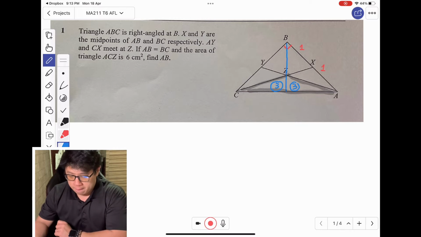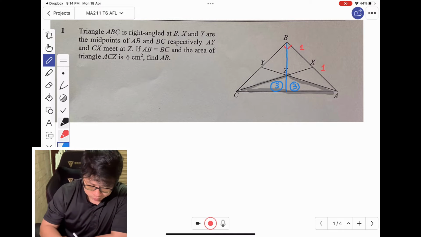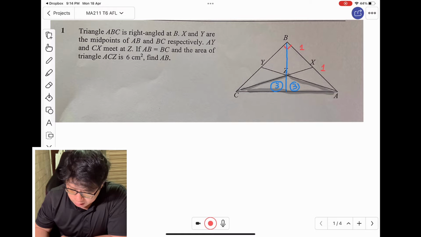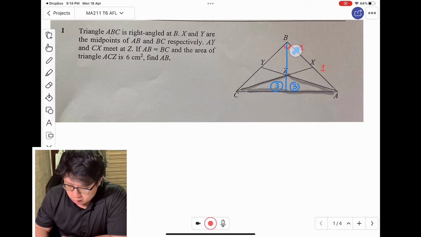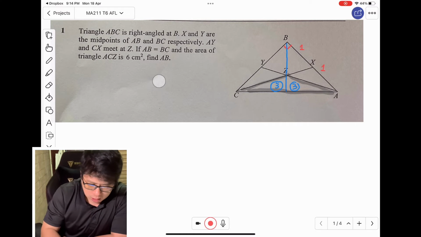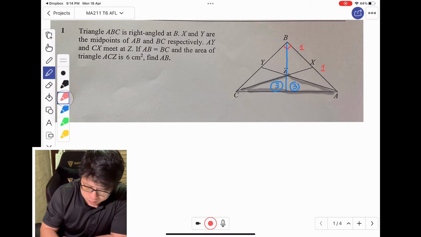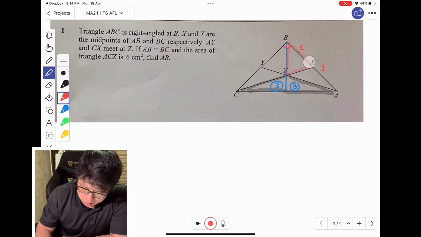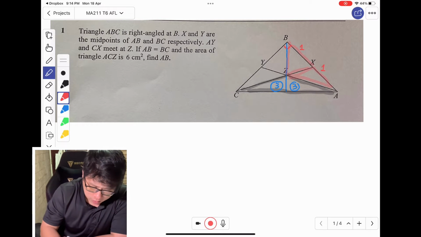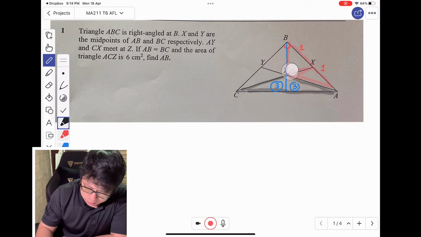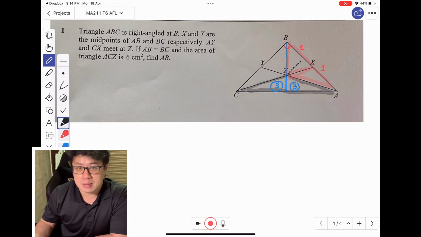Because these are also two triangles, BZX as well as XZA, of the same height, you notice how they both have the same height. If you just draw the height in this manner, you can see that they both have the same height.